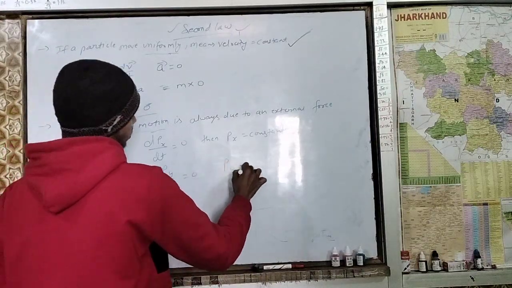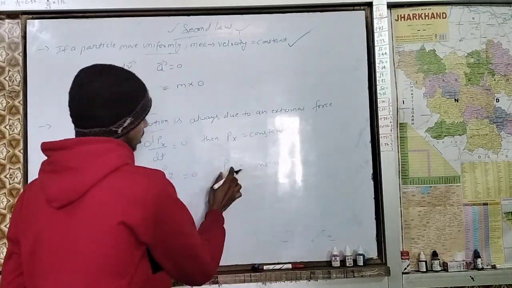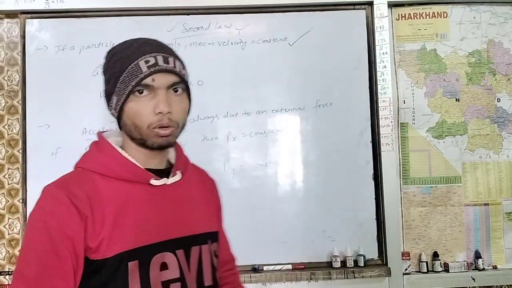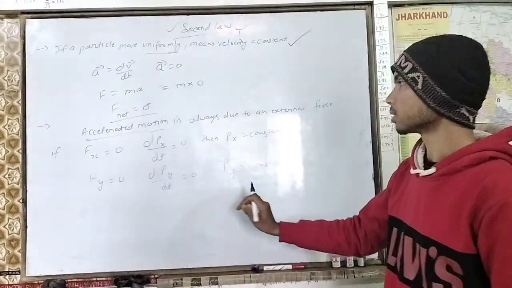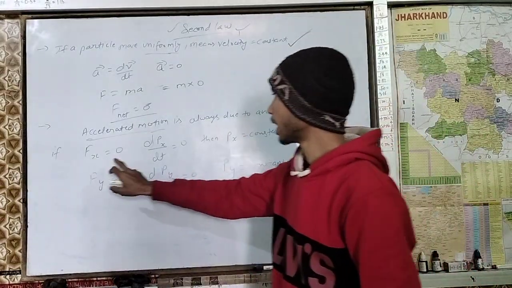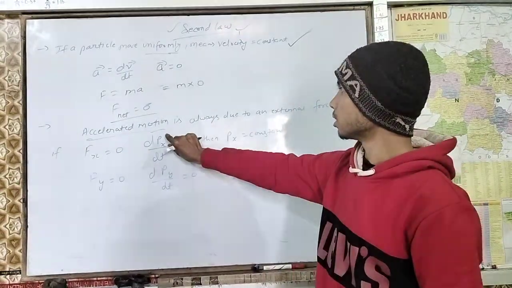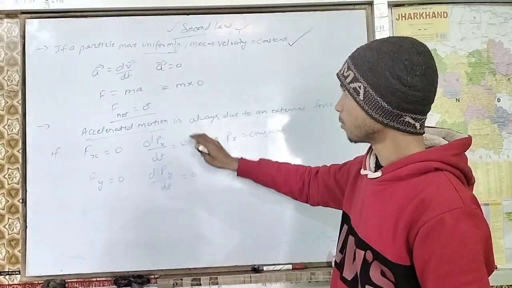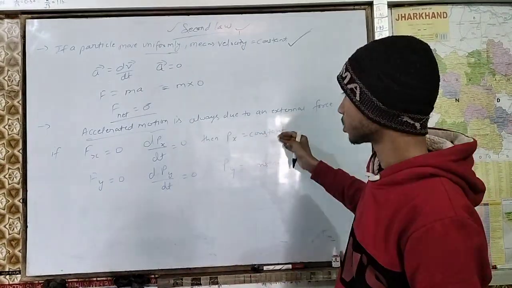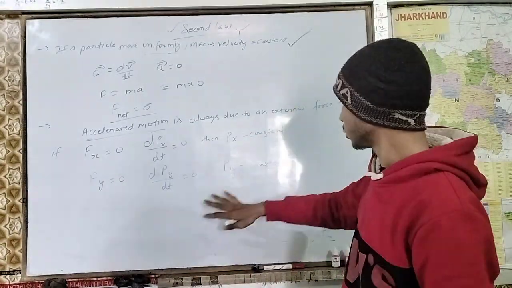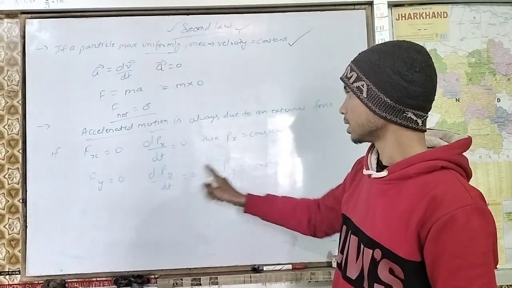It means py is equal to constant. Try to understand: along the y axis, our momentum is constant. Along the x axis, if force is zero, our momentum px along the x axis is constant. It is not zero. It can be any number.